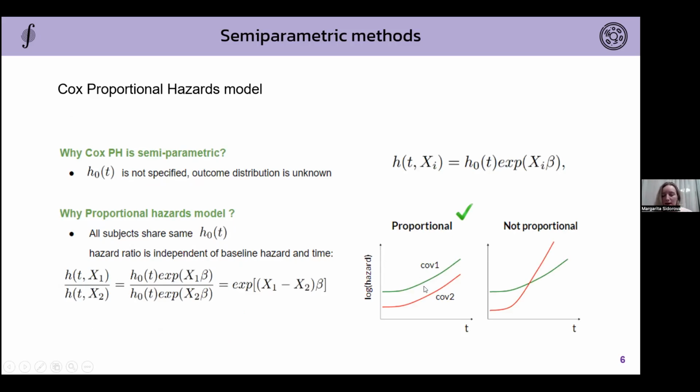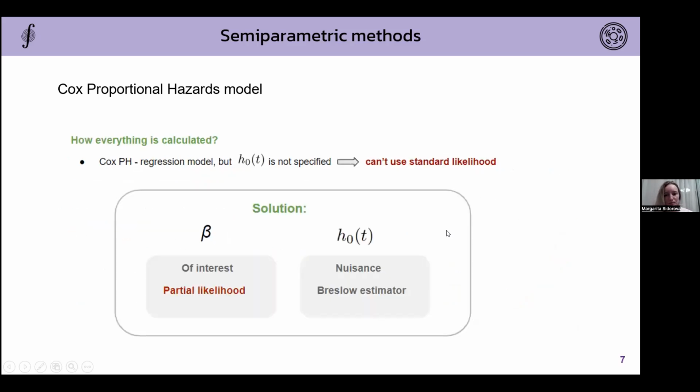Here we can see a picture of what can be called proportional and what cannot be called proportional. On the left part, there is the proportion of covariate 1 and covariate 2. And this proportion doesn't depend on time. So that's what the Cox proportional hazard model is about.